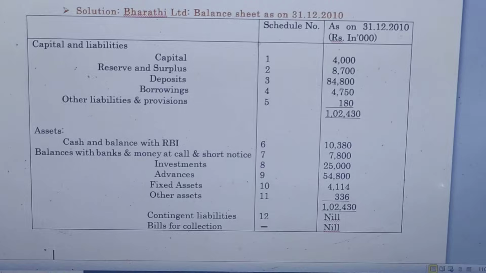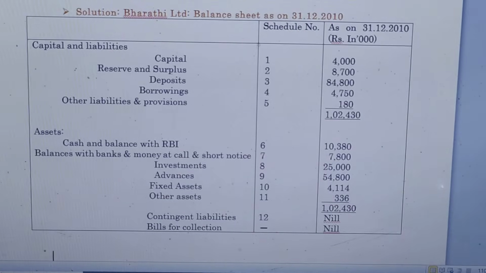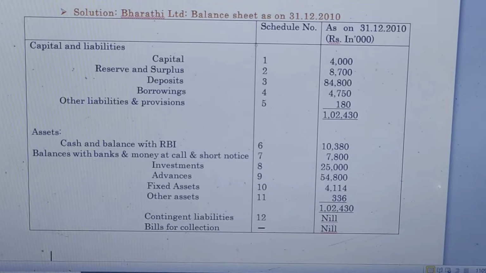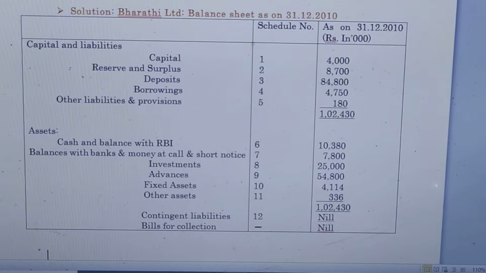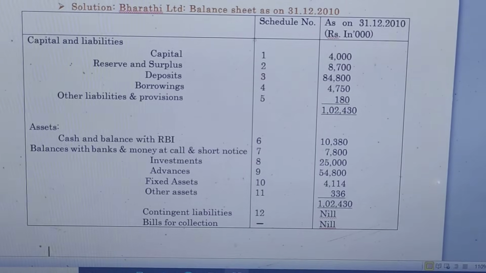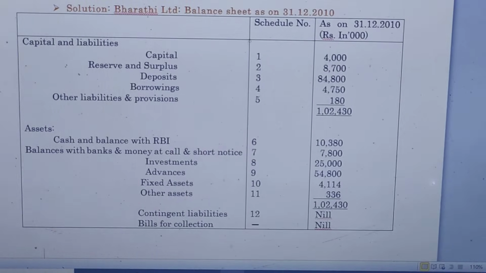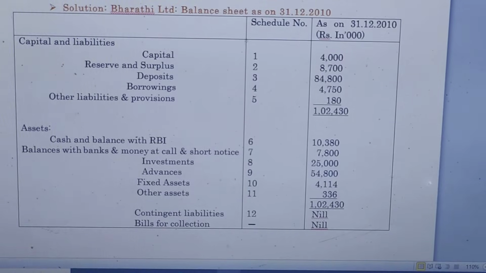Then we add all the asset items from schedule number 6 to schedule number 11. We get 1,02,430 as the total assets. That is 10,380 plus 7,800 plus 25,000 plus 54,800 plus 4,114 plus 336.